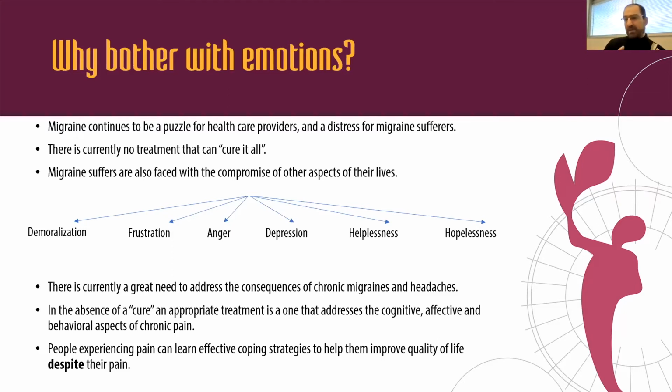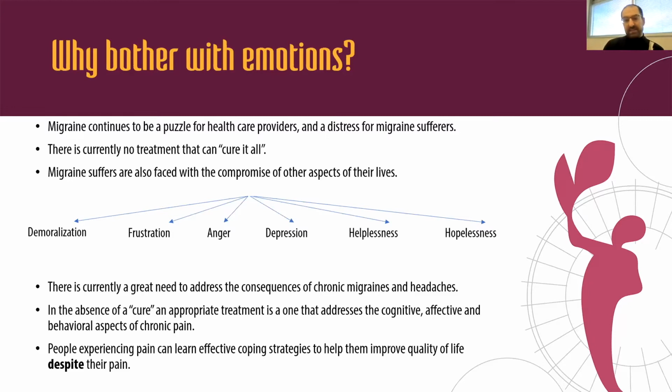So because of that, there is currently a great need to address those emotional consequences of headaches. And currently it is known that a better treatment for people with migraine disorders is a multidisciplinary treatment composed of medicines and medications, but also addressing the cognitive, emotional, and behavioral aspects of chronic pain.